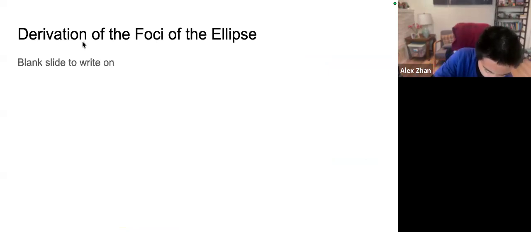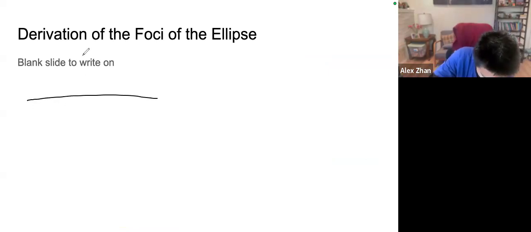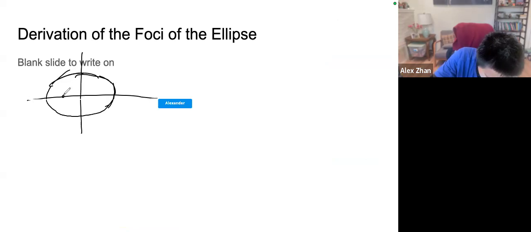So I'll just first quickly draw a graph. Now let's talk about an ellipse centered at the origin. Let's use the original definition of what foci are.